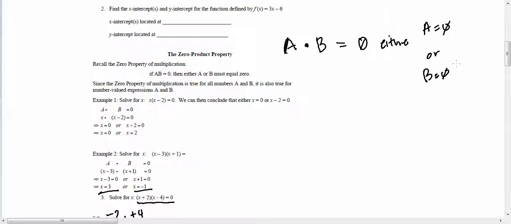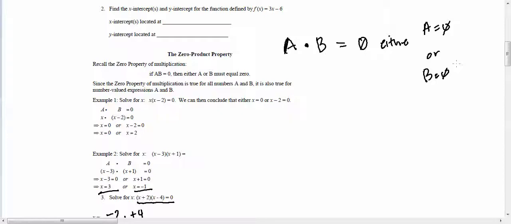If A is 0, the whole product is 0. On the other hand, B could be 0 and A can be whatever it wants. So if I have something times a second thing, and that product is 0, then I know that either the first thing or the second thing is 0, right?